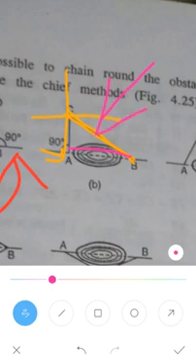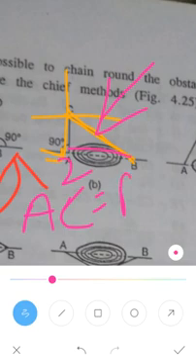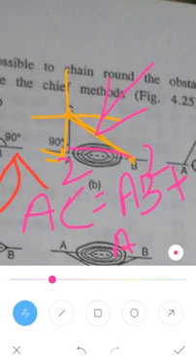So here it is not AB, it is BC square. BC is the hypotenuse now.